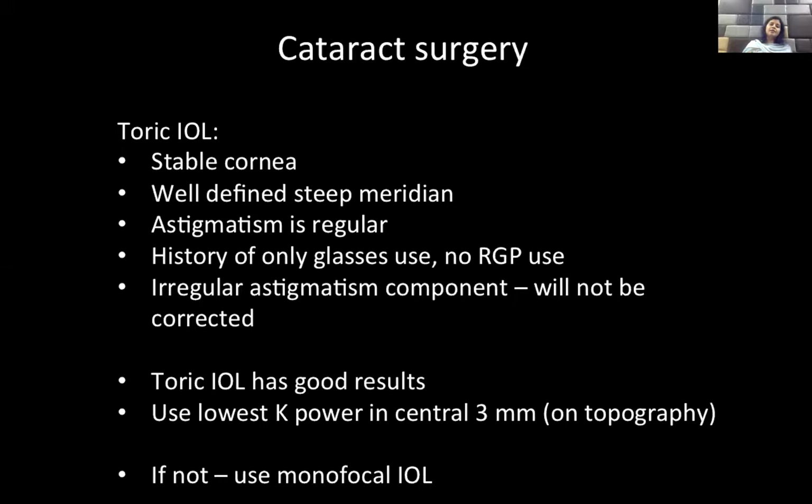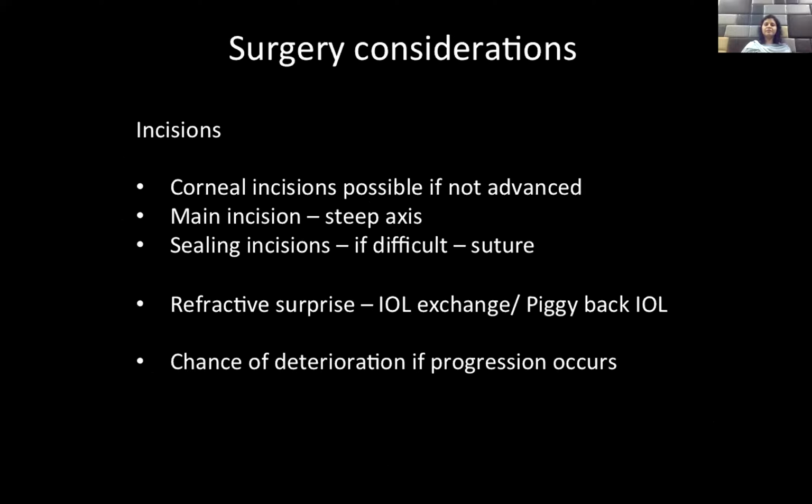Problems arise in this if you put a toric IOL and there's a lot of irregular astigmatism, then fitting a rigid contact lens becomes very, very difficult. Or if you have a hyperope after cataract surgery, then again the design of the rigid contact lens is difficult. So again, it becomes a very complex situation for the patient. Now, during surgery, it's quite simple.